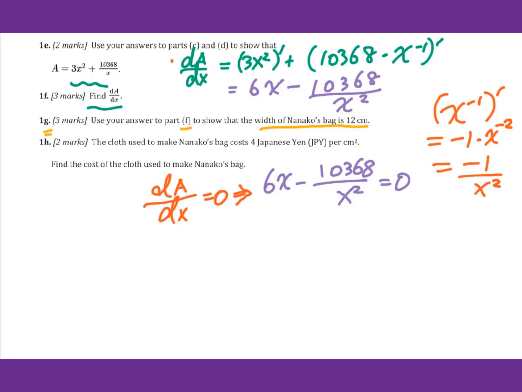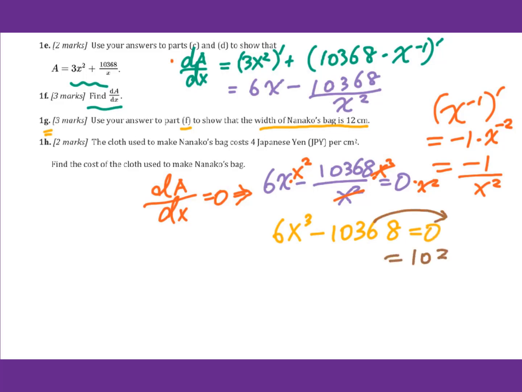We know that x cannot be 0. Therefore, for every term we multiply by x squared. We want to get rid of this denominator first. So we have 6x to the third power minus 10368 equal to 0. Adding this constant on both sides, you will get this.